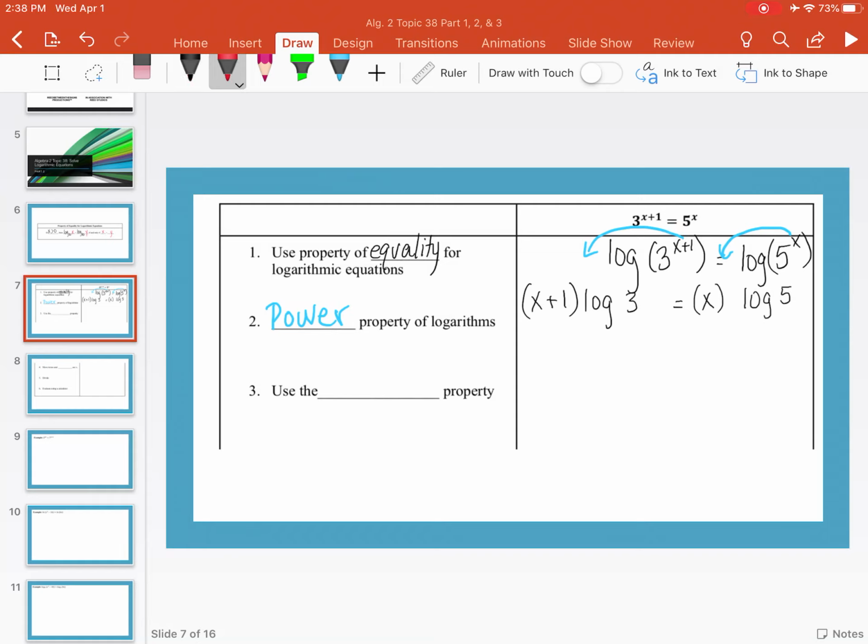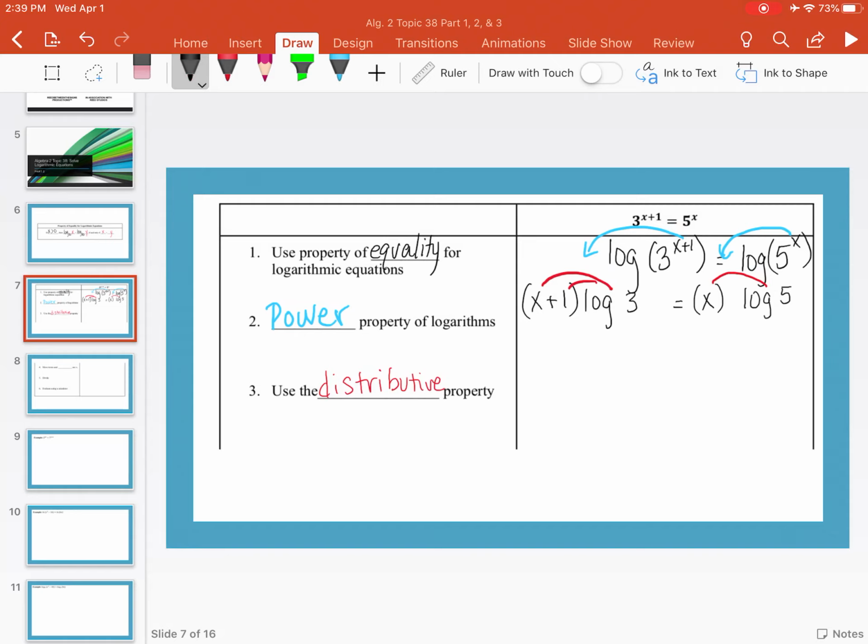Then we can use the distributive property here. So we can apply this log of 3 to both the x and the 1 and also multiply this here.